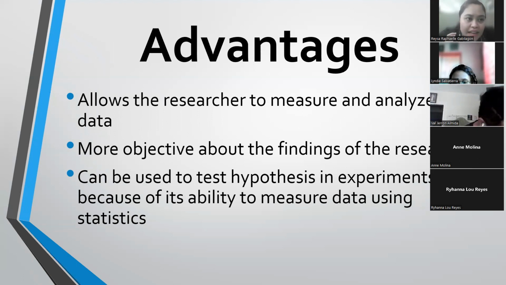But we will always have to analyze these numbers in order for us to draw a conclusion over our topic. And this will be more objective when it comes to the findings. Kasi when you are going to use statistics, we have a series of rules or guidelines to follow for us to make a correct interpretation.